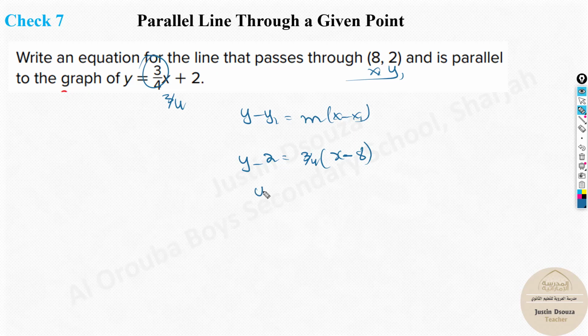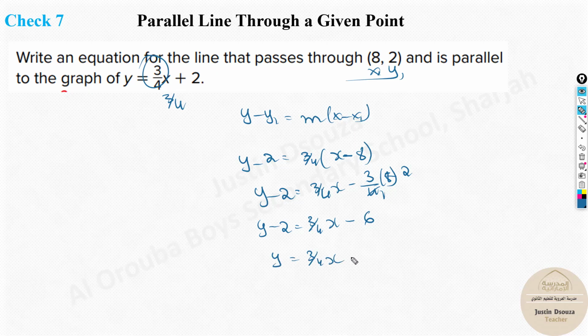Multiply this 3/4 inside, it will be y minus 2 equals 3/4 of x minus 3/4 of 8. Okay, for one time, for two times, and you're remaining with y minus 2 equals 3/4 of x minus 6. Take this minus 2 to the other side, you will get y equals 3/4 of x minus 6 plus 2, which would be minus 4.